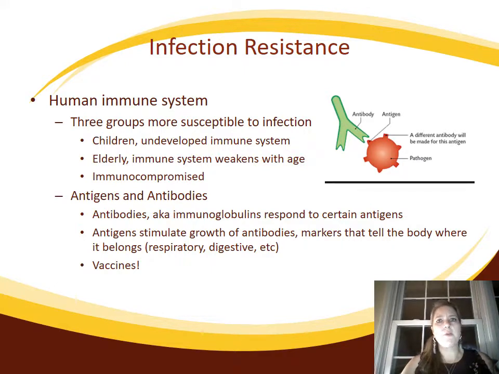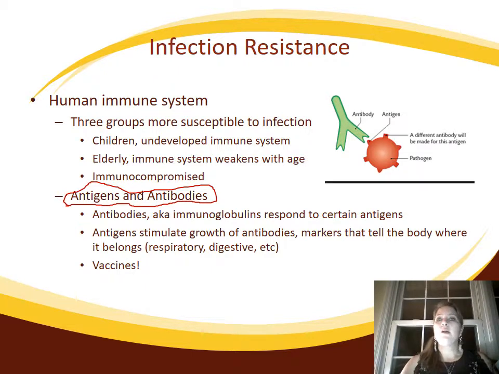And then the immunocompromised, which are individuals that from any other type of disease process have had an immune system that isn't fully functioning. Okay. The rest of us in the population that have healthy immune systems produce lots of antibodies to fight what are called antigens.